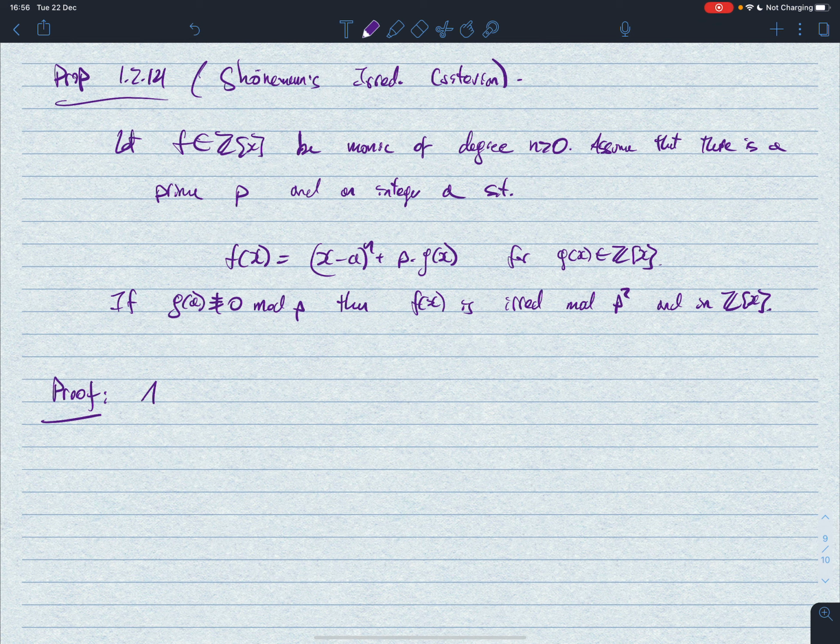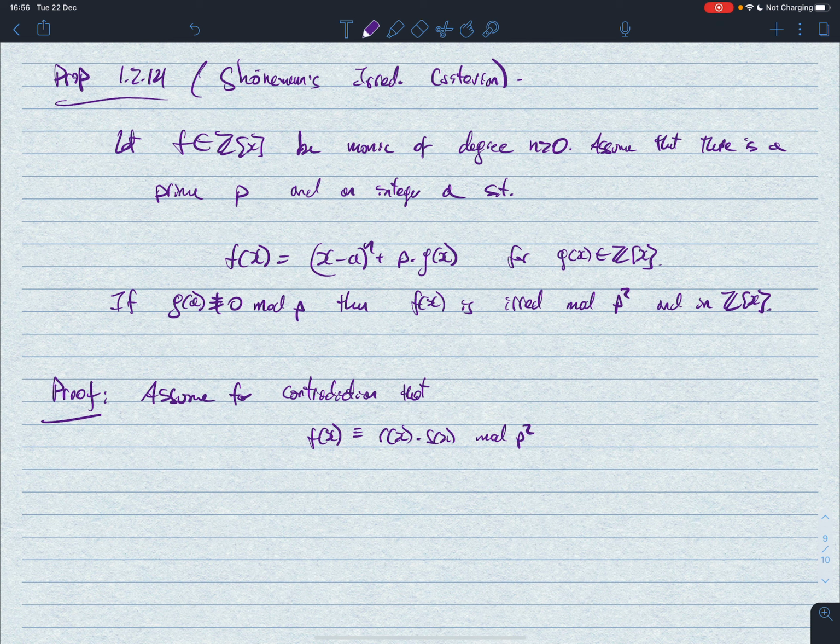So assume for contradiction that f of x was congruent to r of x times s of x modulo p squared.